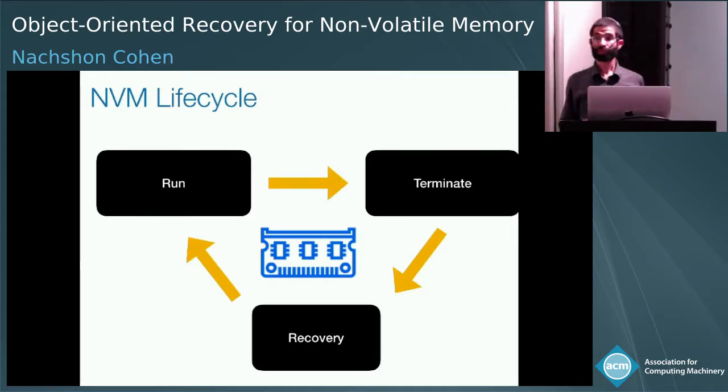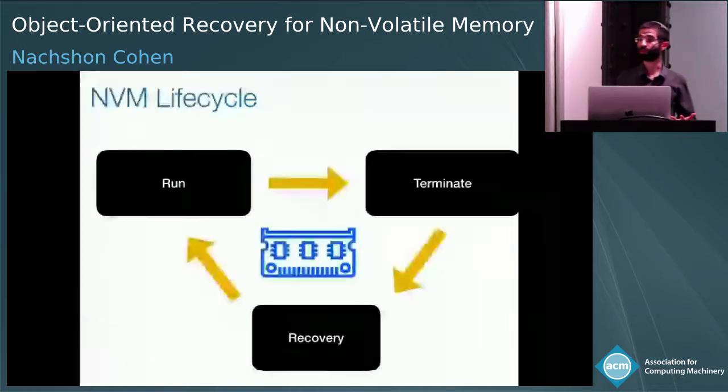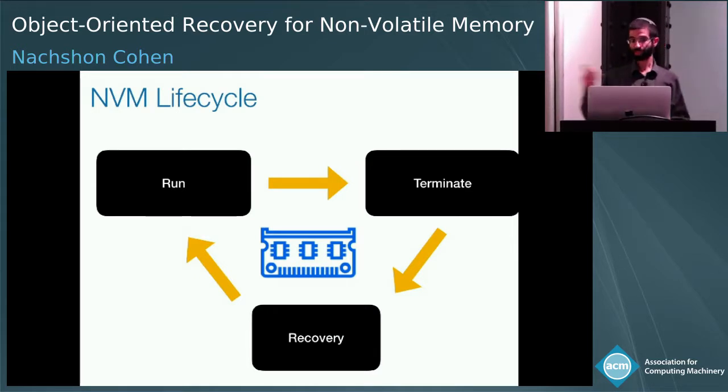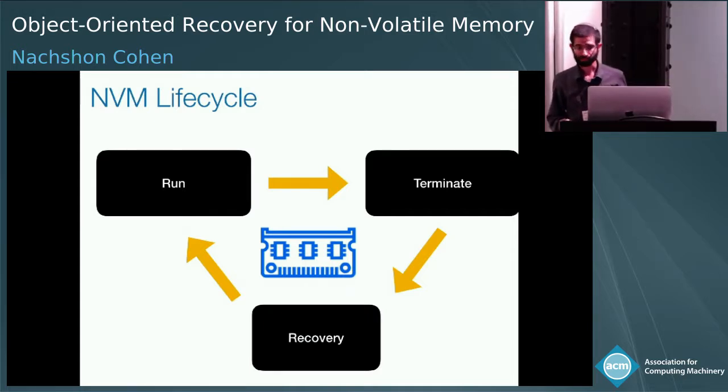So what does an application running on non-volatile memory look like? The application is running, and at some point it writes some information to the non-volatile memory. Then at some point the application terminates, again due to some power failure or shutting down the machine. And then before rerunning the application, we need to run some recovery to bring the non-volatile memory state to something the application can run on again.